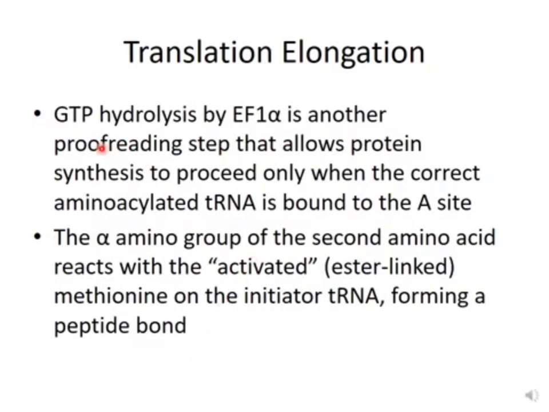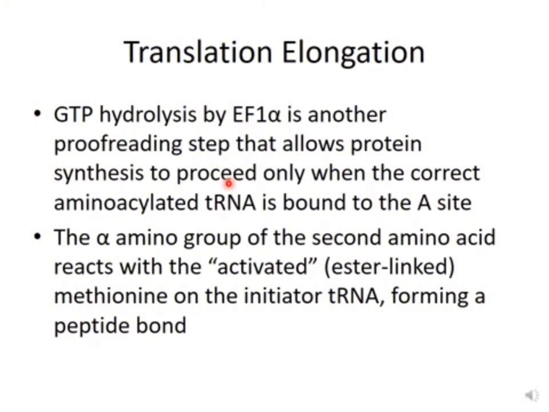Note also that GTP hydrolysis by EF1 alpha is another proofreading mechanism that would allow protein synthesis to proceed without having incorrect amino acids bound to the growing polypeptide chain.